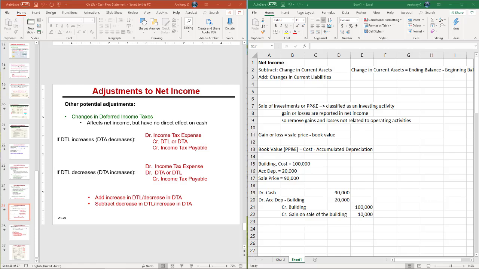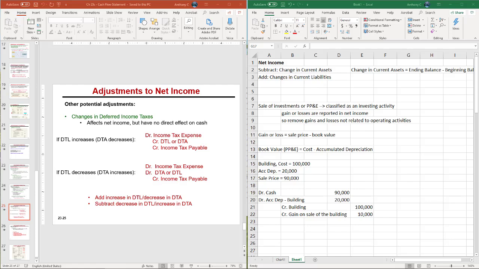The big picture here is that for a deferred tax liability, we could think of a DTL kind of like a payable. It reflects future taxes that have to be paid to the IRS in the future.